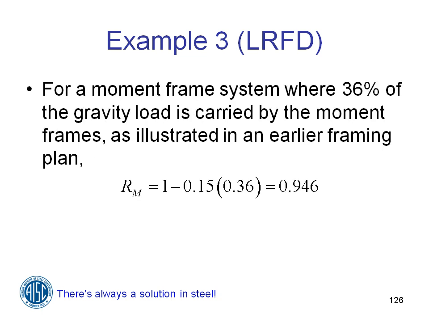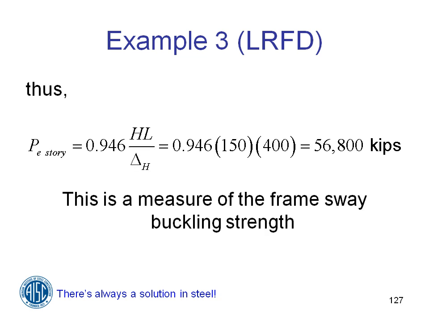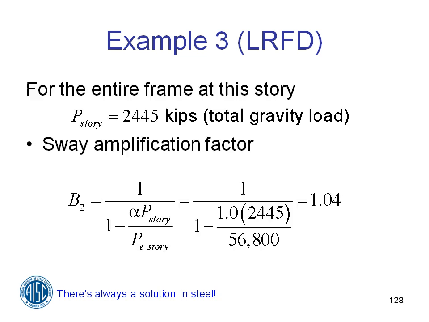When we go to the R sub m, that doesn't change. That's just a function of how the load is distributed. When we go to the PE story, it has not changed. So again, PE story, PE1, these things do not change for LRFD versus ASD. Our sway amplification will change a little bit because of the magnitude of the load and not using the 1.6.